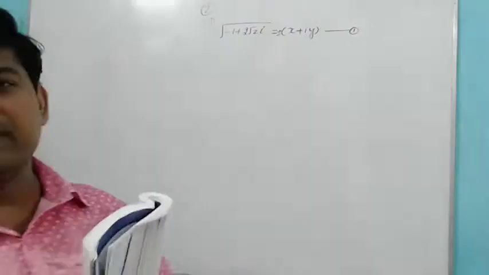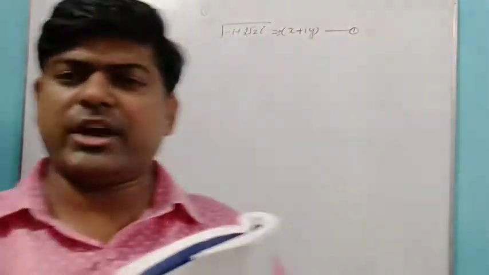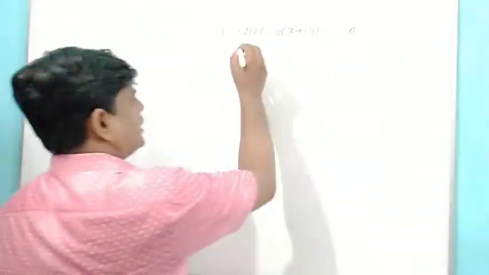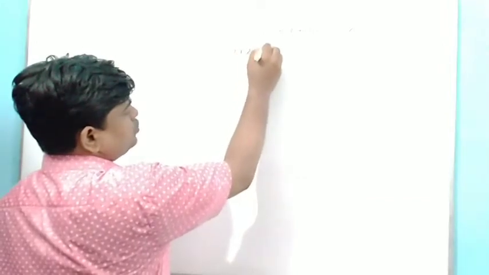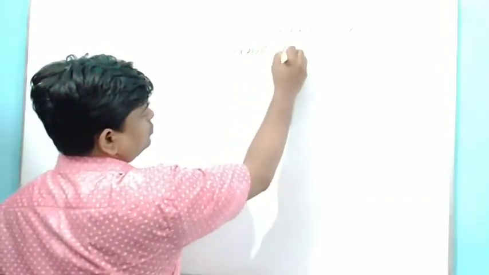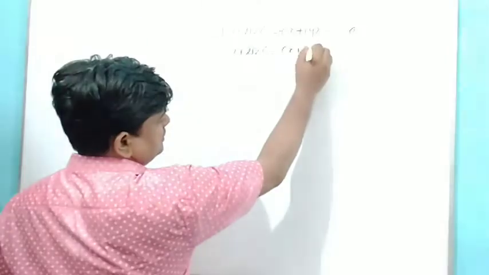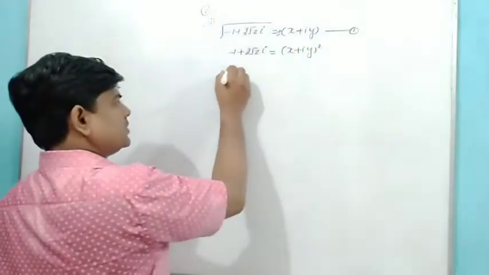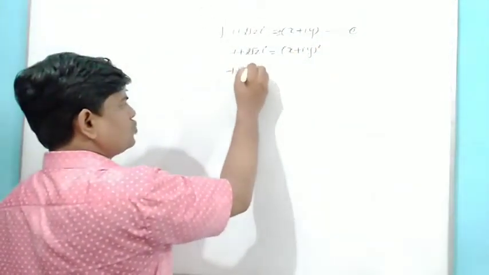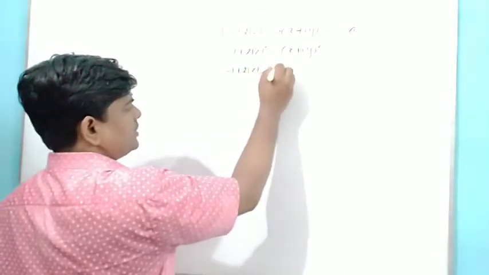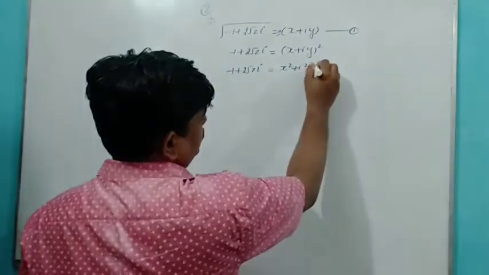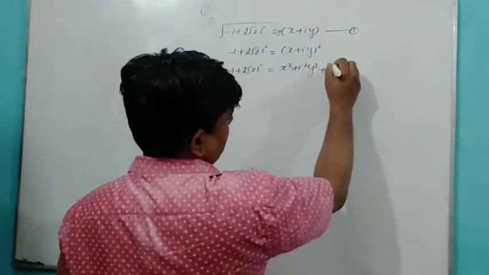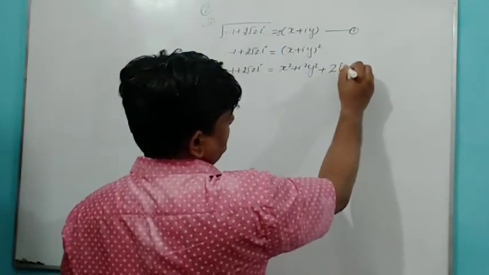Now, as I told you, we will do the squaring on both sides. After squaring both sides, what can I write? Minus 1 plus 2 root 2i is equal to x plus iy the whole square. This is x square plus i square y square plus 2i xy.